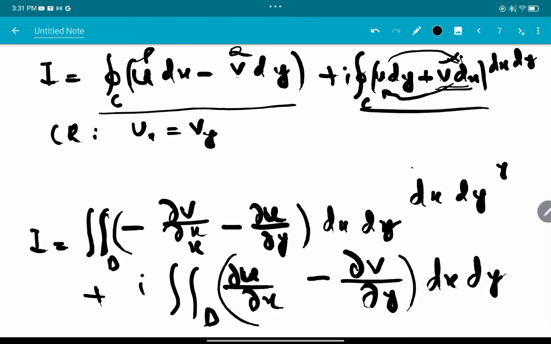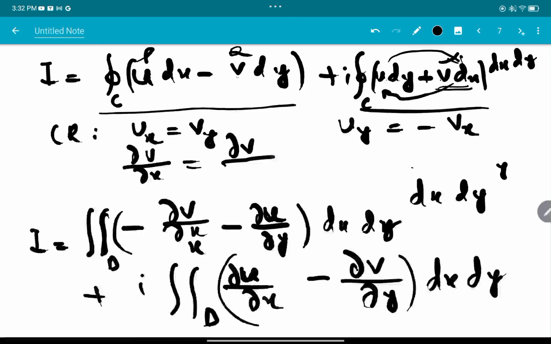Number two, uy is equal to minus vx, or writing explicitly, del u by del x is equal to del v by del y, and del u by del y is equal to minus del v by del x.